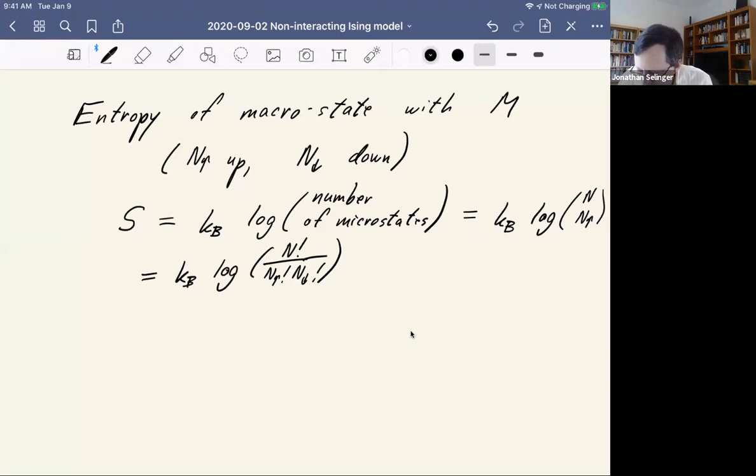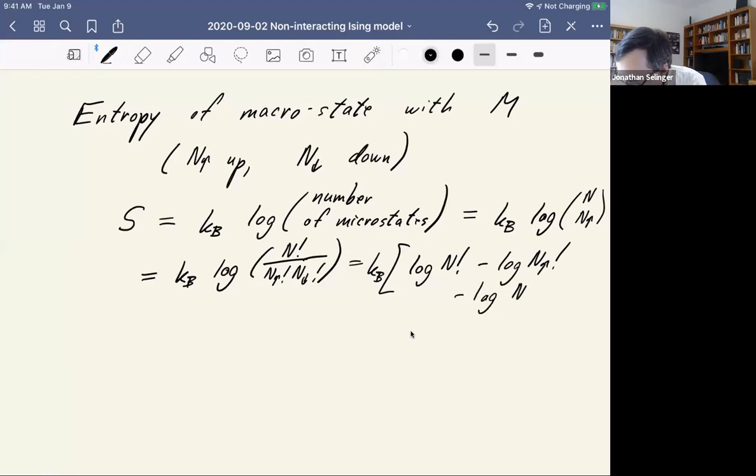Now, if we use properties of the natural log, that's the log of n factorial minus the log of n up factorial minus the log of n down factorial. This expression looks like it might be difficult to simplify.